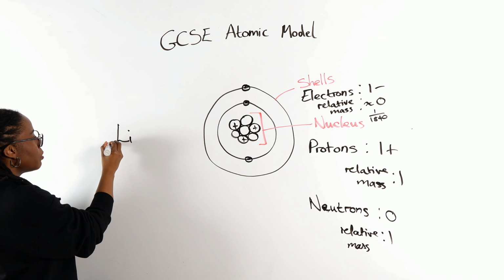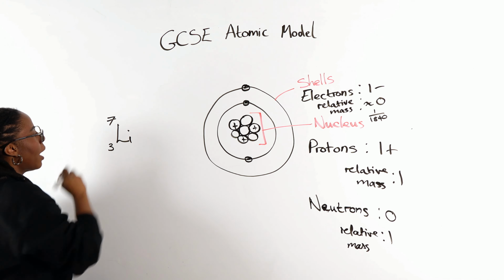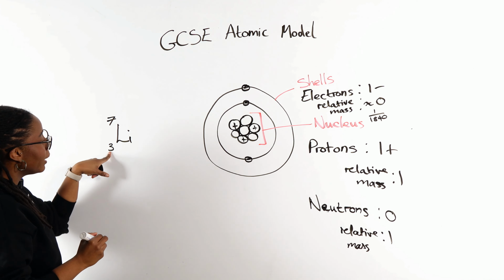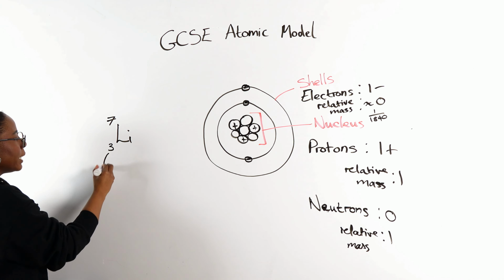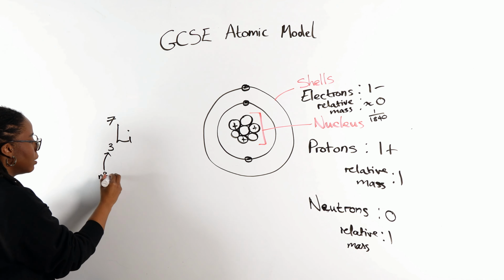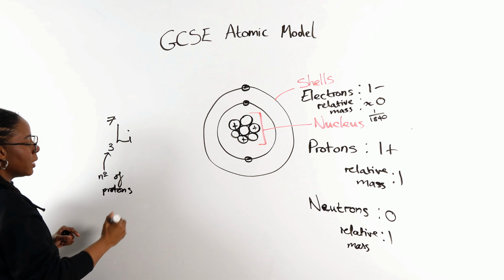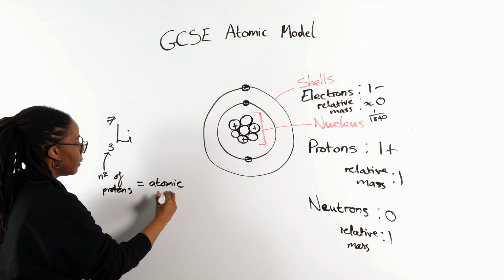And then we would write the notation with a 3 on the bottom and a 7 up at the top. So let's talk about what these two numbers mean. The 3 corresponds to the number of protons in the nucleus. So the number of protons. And the name that we give the number of protons is the atomic number.